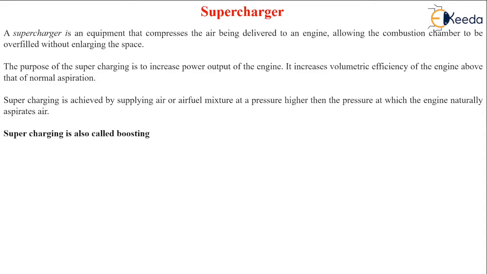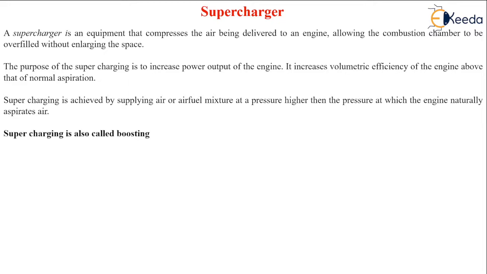So basically, a supercharging method includes the concept of increasing the pressure of the incoming air. If in case of a SI engine, we increase the pressure of incoming air, along with pressure, its temperature will also increase, and this might lead to a very short ignition delay, which will lead to knocking.